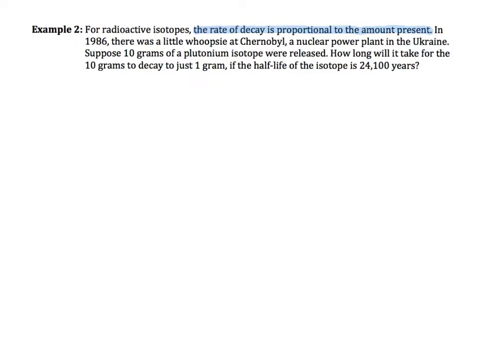So the rate of decay, dy/dt, and we could use any variables we want, is proportional to the amount present, right? Great. And so we know that the solution will look like this because we're solving the same differential equation.